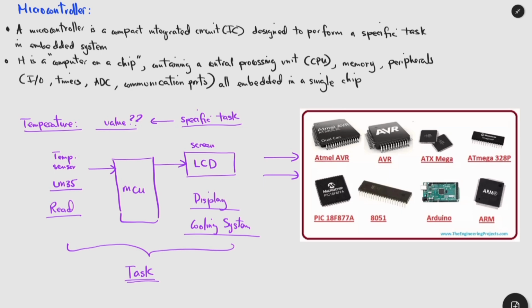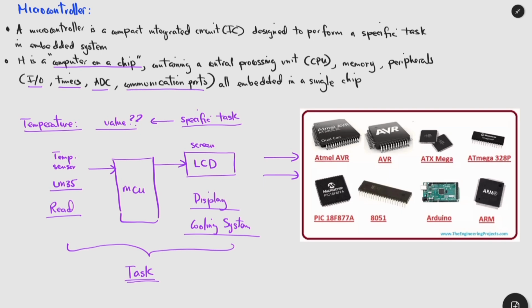It is also defined as a computer on a chip. So those microcontrollers are a computer on their own, containing the central processing unit or the CPU. We will later explain the CPU, and also the memory and the peripherals such as the input and output, the timer, the analog to digital converter, and the communication port.